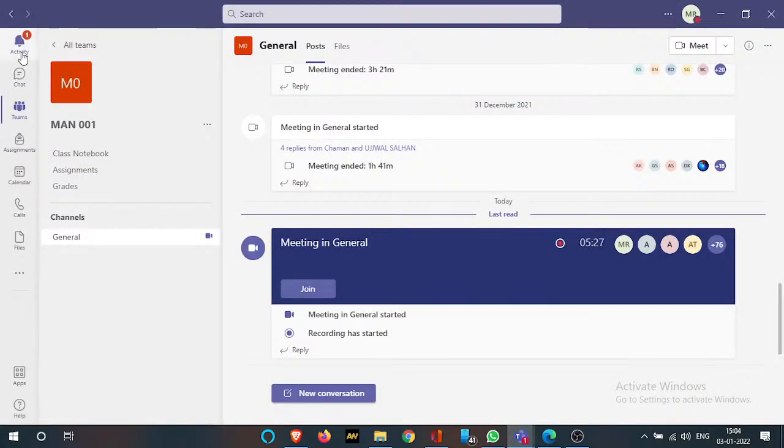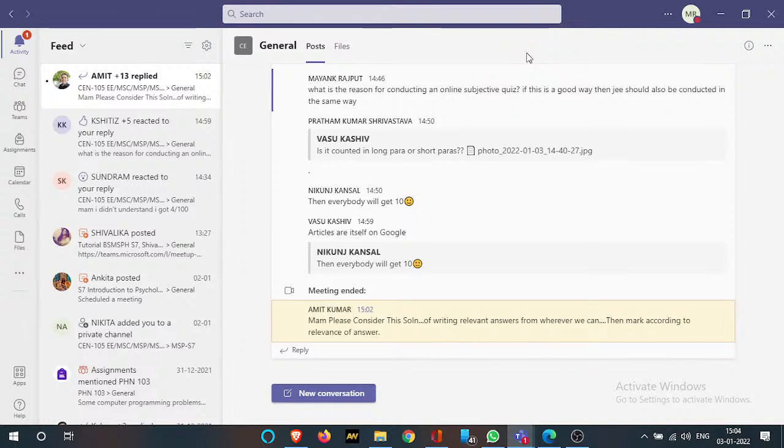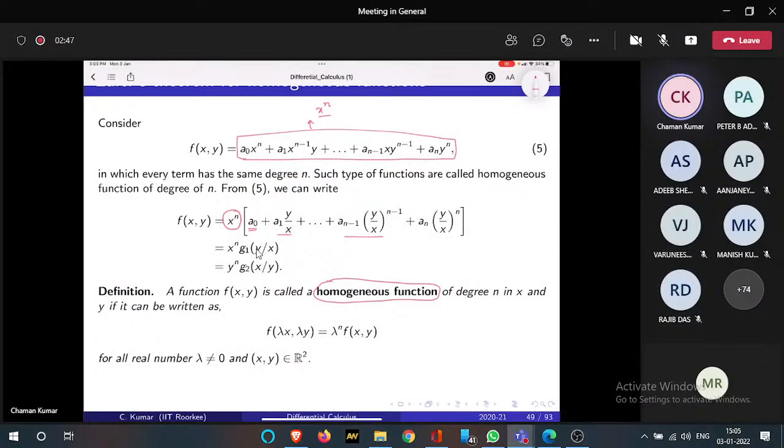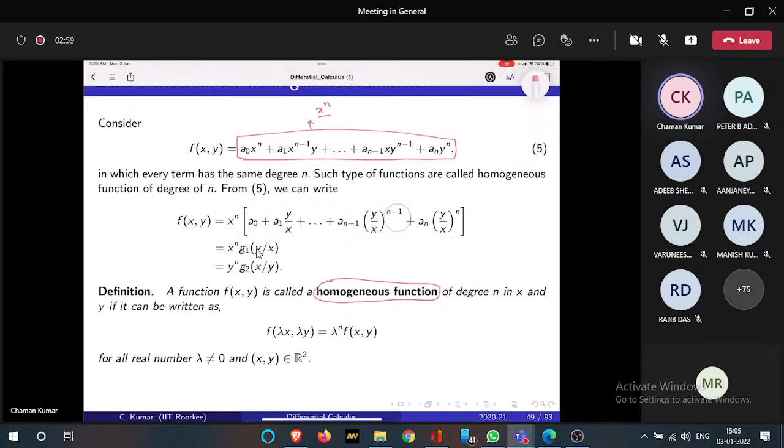So when you take x raised to n, the first term will be a naught, second term will be a1 into y by x, third term will be an minus 1 into y by x raised to power n minus 1, and the last term is an into y by x raised to n. Okay, so when you take x common, you get this equation.